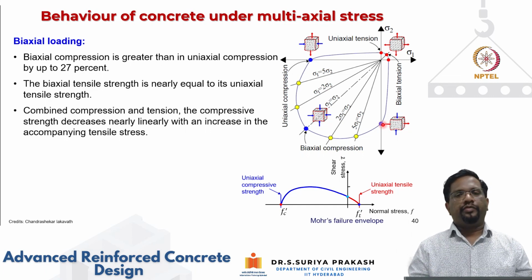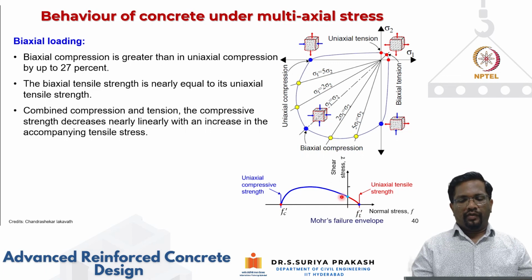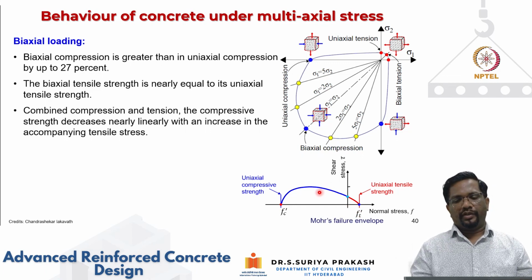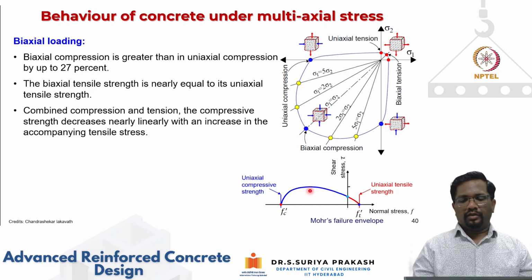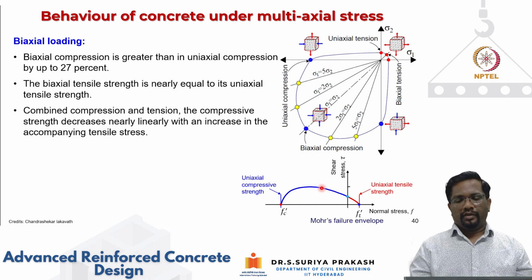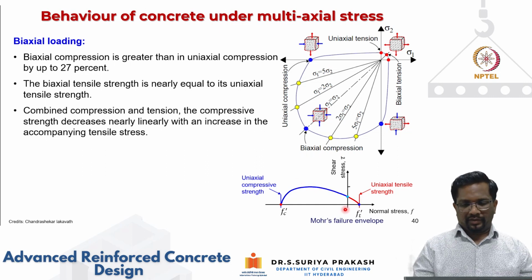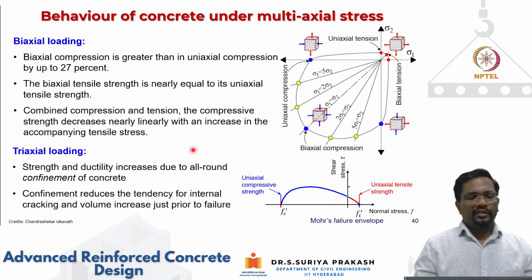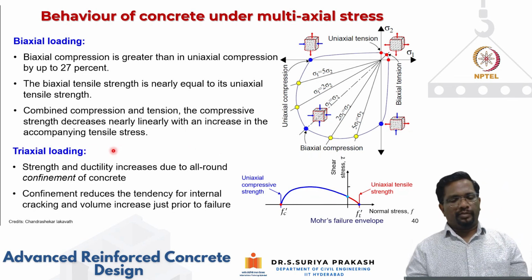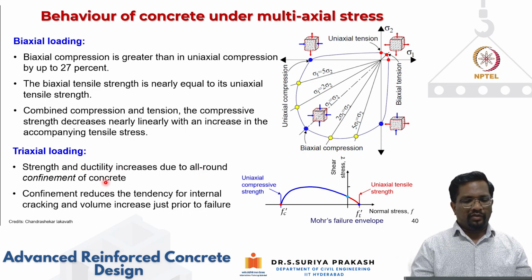For such kind of materials, we use failure theories like Mohr-Coulomb failure to predict the behavior. So, in the triaxial state, as we have explained previously, strength and ductility increase due to all-around confinement of concrete.